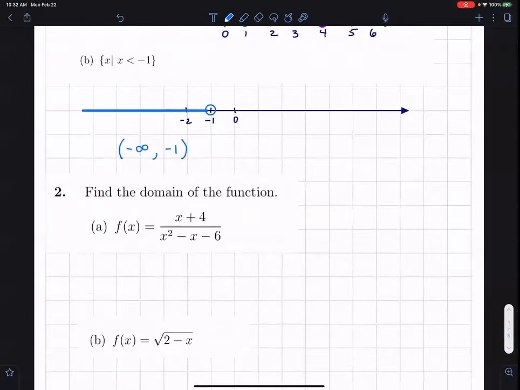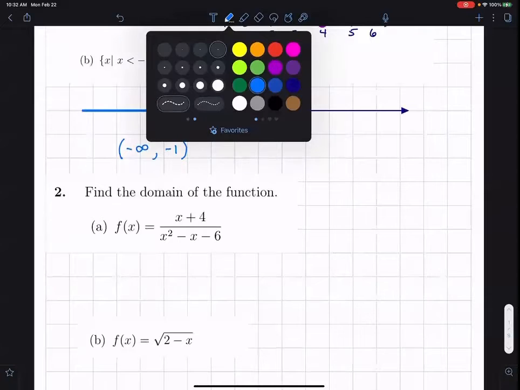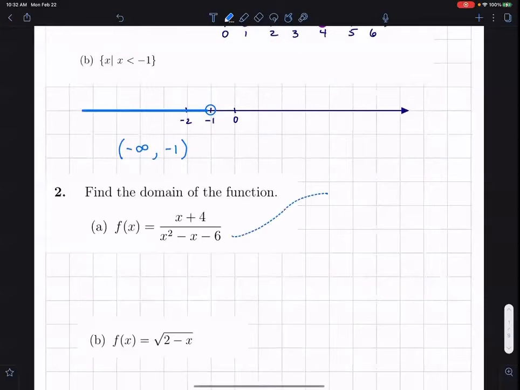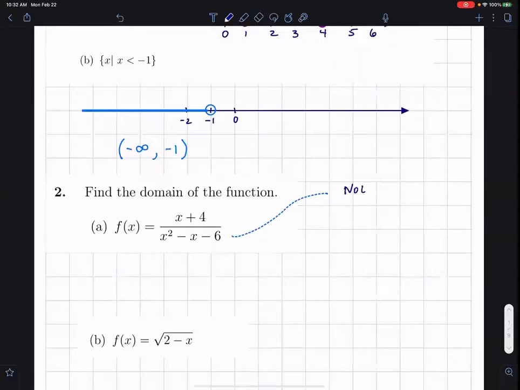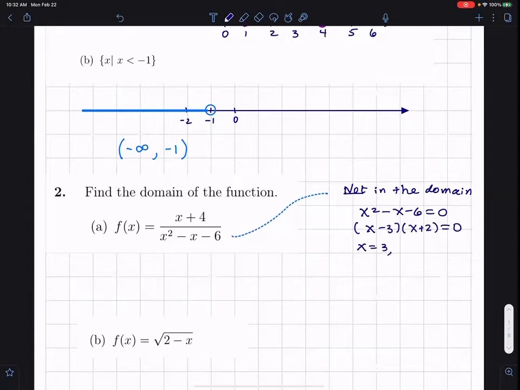Okay, now for the domain of the function, we start by finding things that are not in the domain. So what's not in the domain? Well, we solve x squared minus x minus 6 equals 0. If I were really desperate, I would use the quadratic formula, but I find that myself and students are more likely to make mistakes.